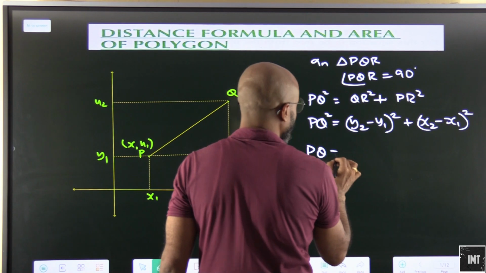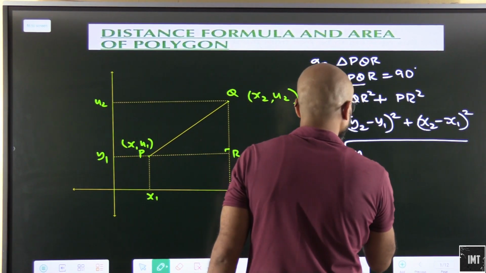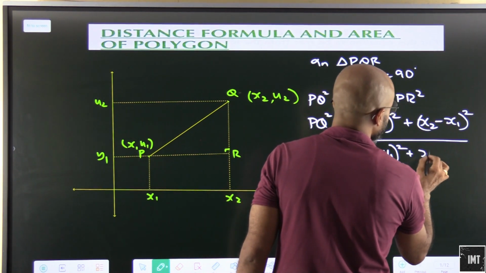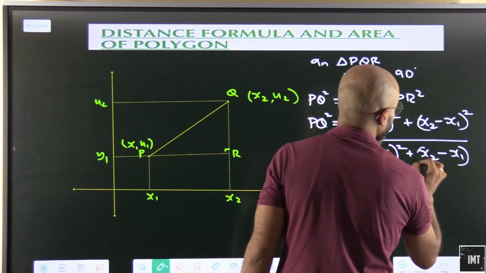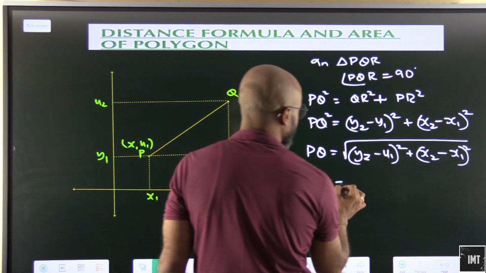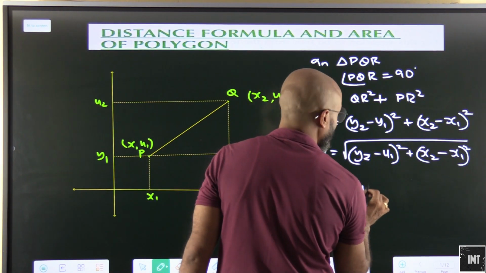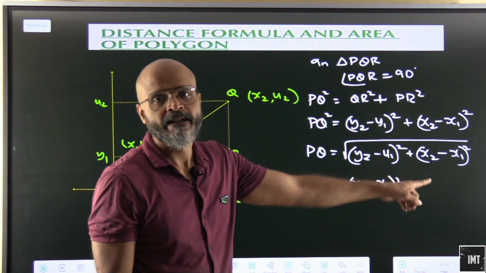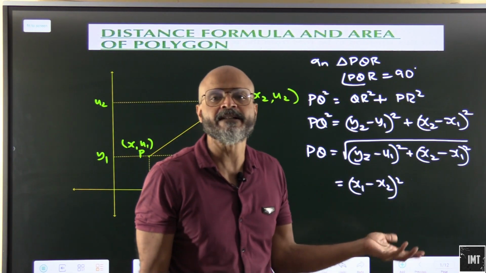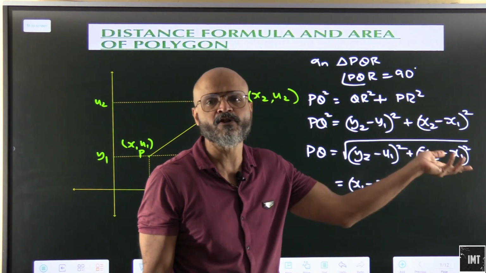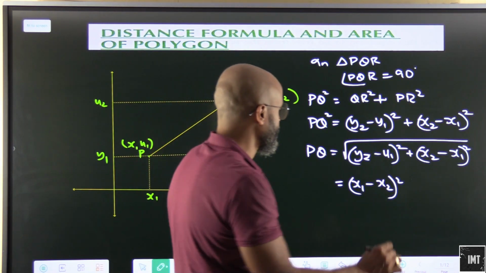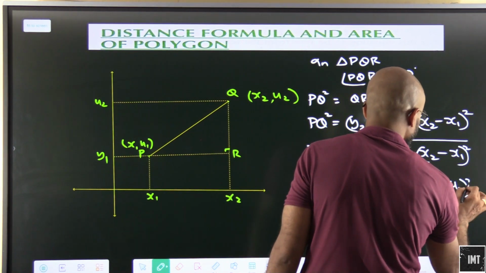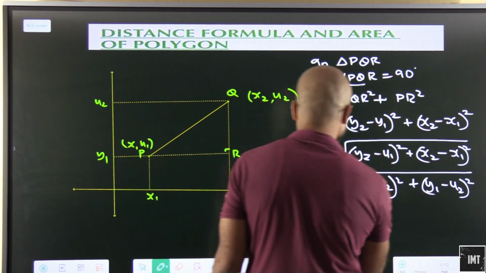So PQ will be equal to under root of y2 minus y1 square plus x2 minus x1 square, or we can also write this as x1 minus x2, because any which ways this is a square, even if x1 is greater than x2 or x2 is greater, it doesn't matter because we are doing a square of this term. So x1 minus x2 square plus y1 minus y2 square. So this will be the distance.